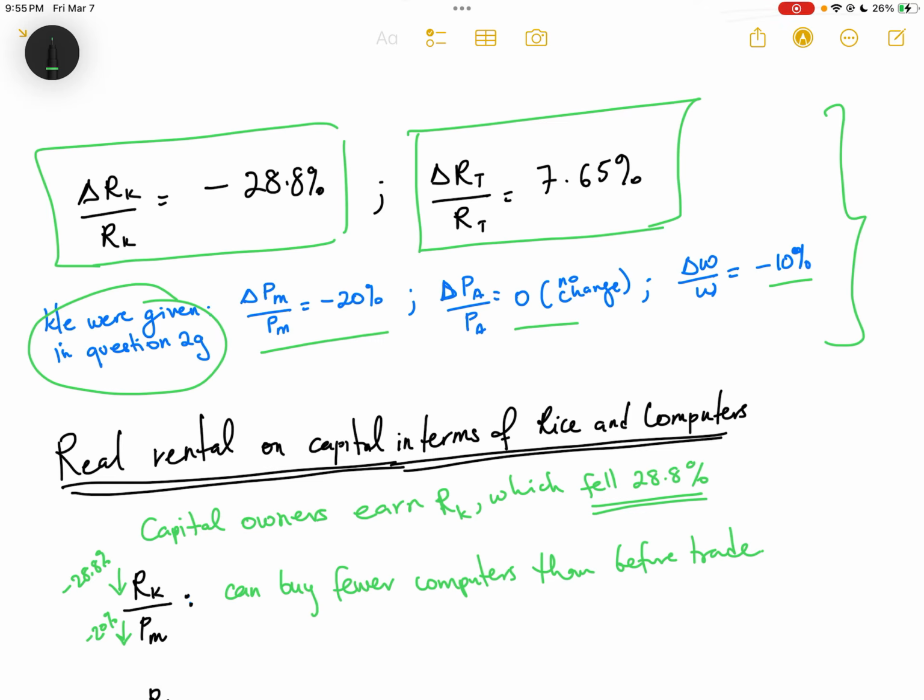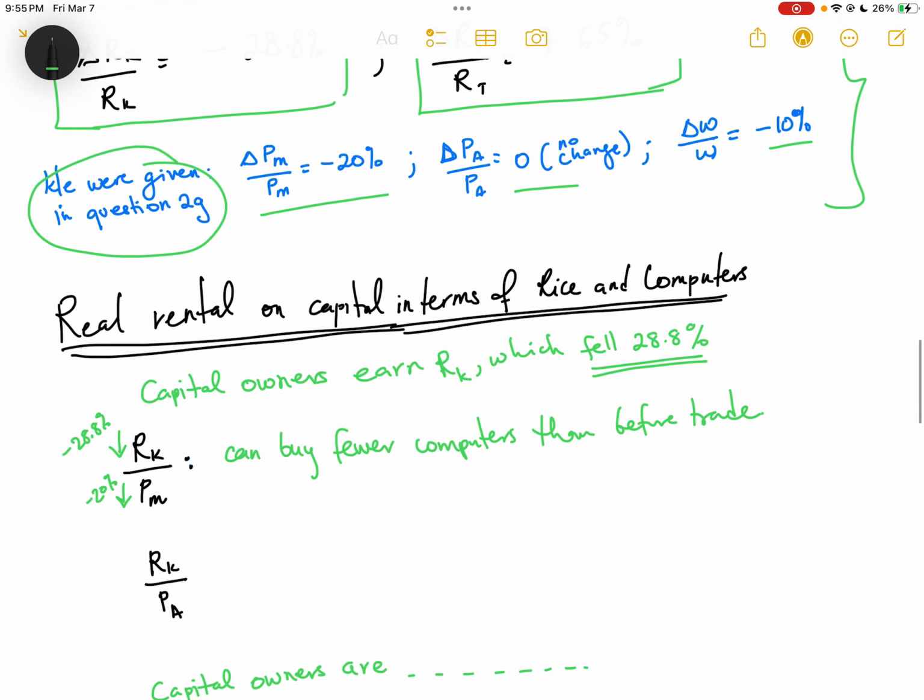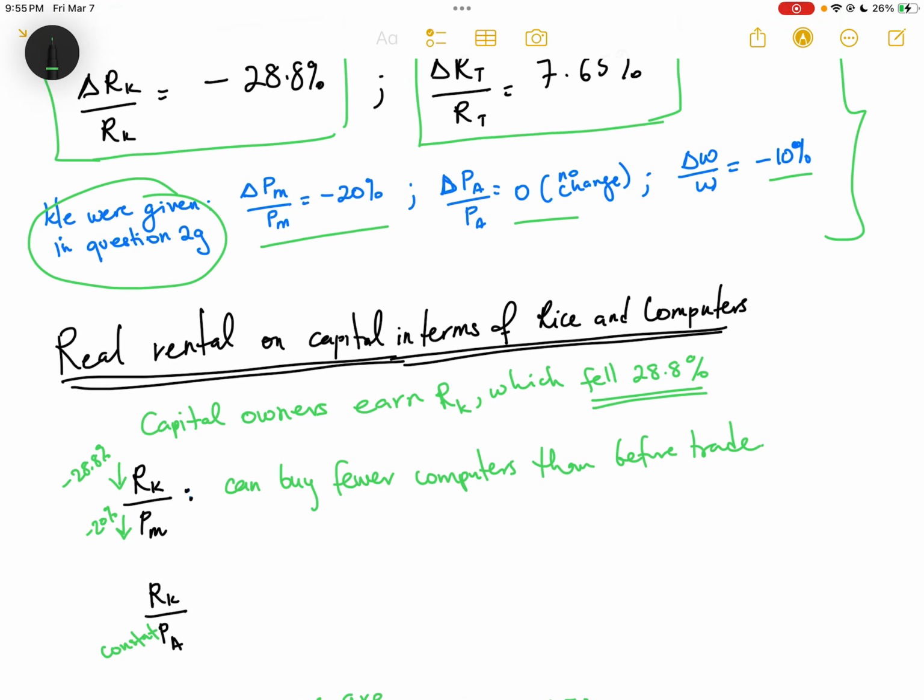Okay, what about rice? Well, the price of rice stayed the same, right? So price of rice stayed constant. PA stayed constant. Meanwhile, RK fell by 28.8%.